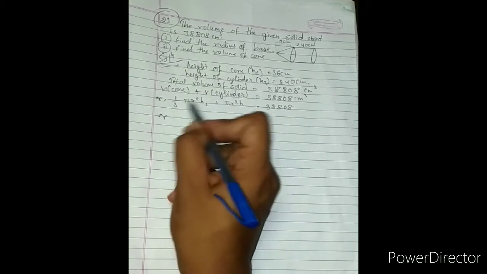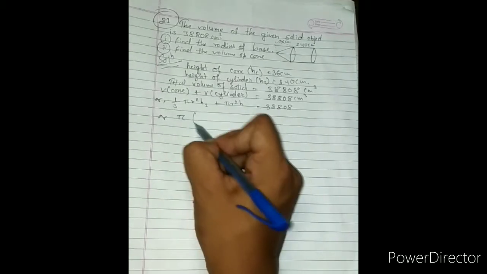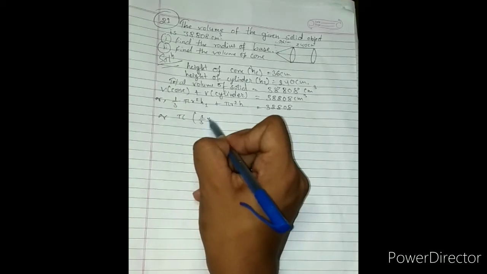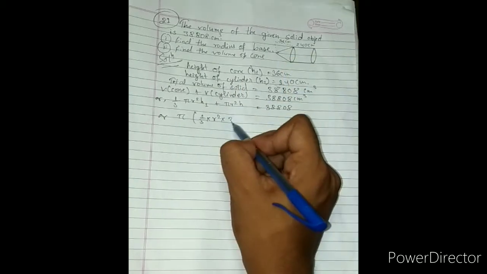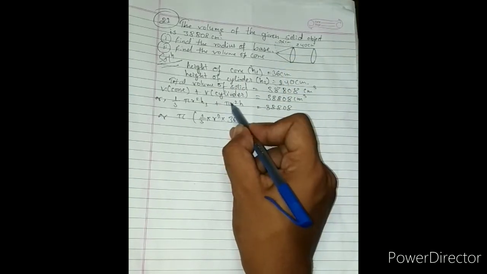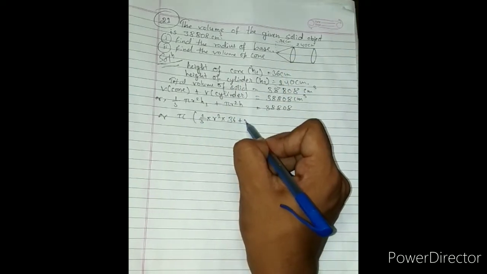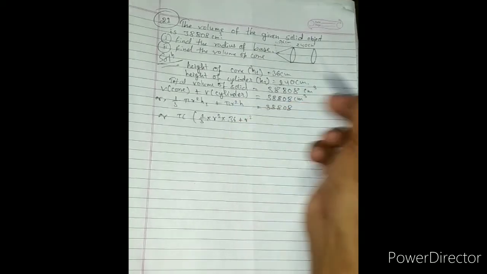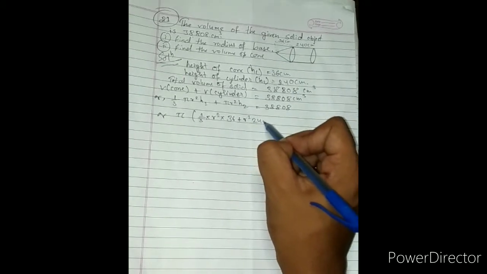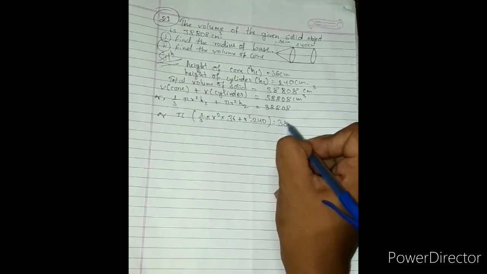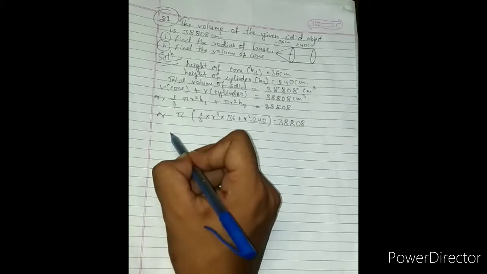Now from these two, pi can be taken common. 1 by 3 r square h1, the height of the cone, which is given as 36, plus r square h2, the height of the cylinder, 240, equals 38808.